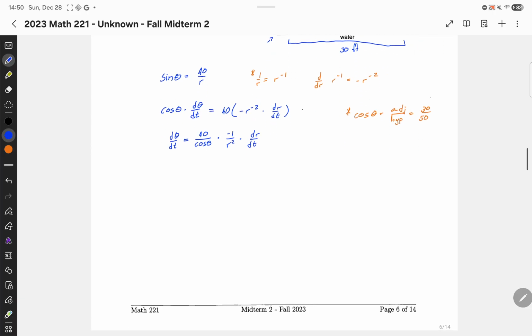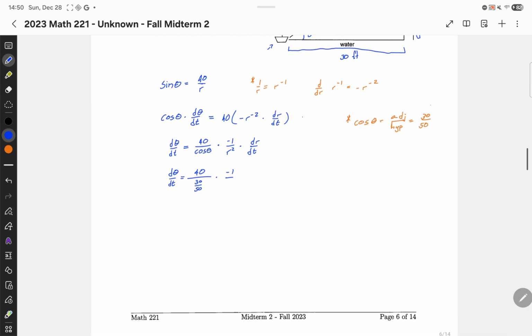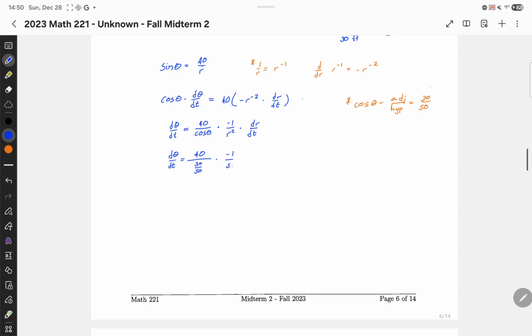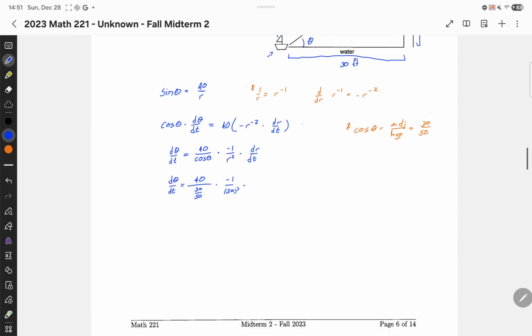So let's go ahead and rewrite d theta dt. So d theta dt is going to be equal to 40 over 30 over 50 times a minus 1 over r, which is 50, so we get over 50 squared, times dr dt, which is minus 5.